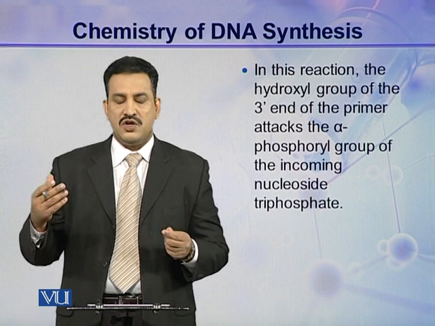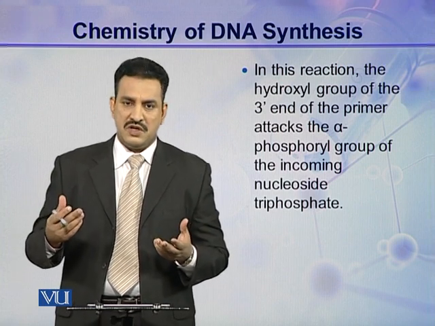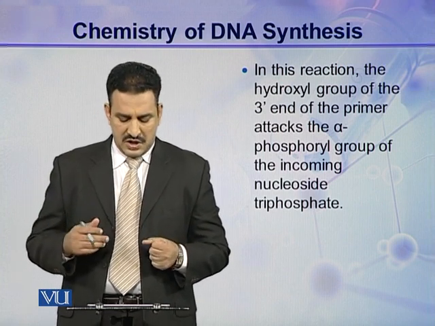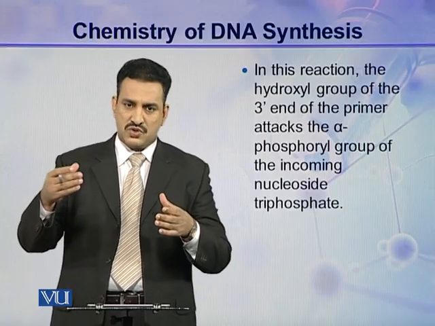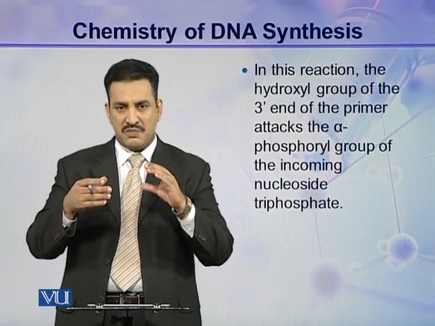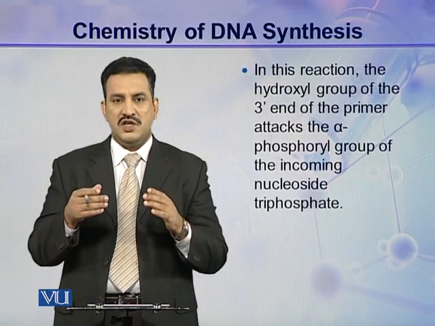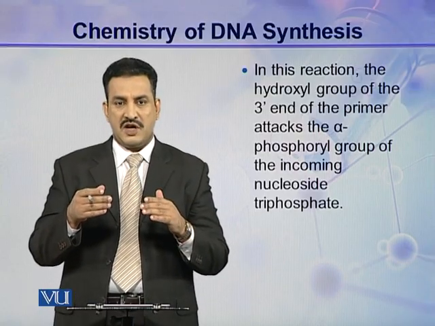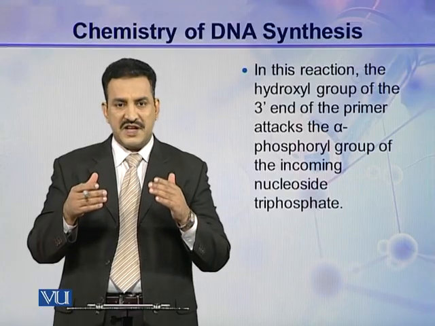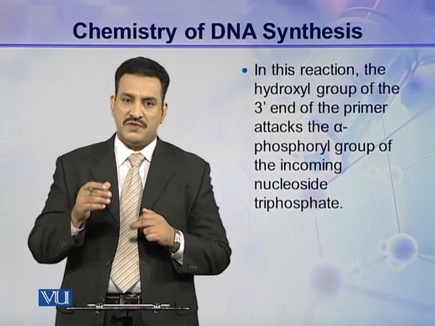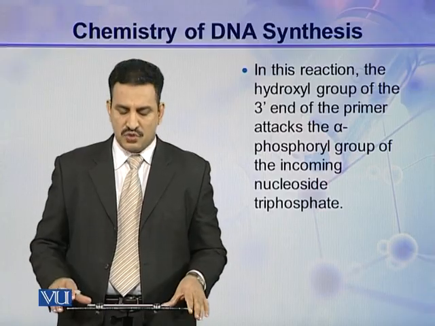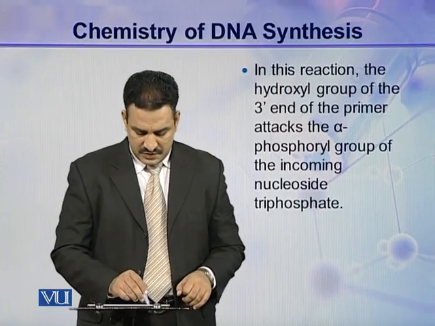So, when a new dNTP, or any deoxynucleoside triphosphate, comes to the site of the primer template junction, the 3' end hydroxyl attacks the alpha phosphoryl group of the incoming nucleotide triphosphate.